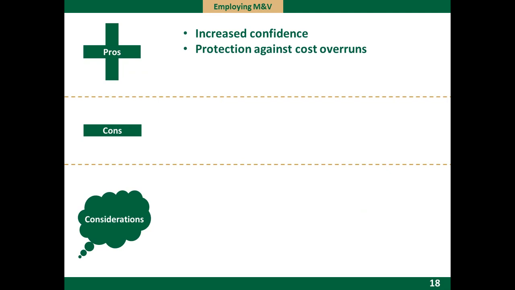So for example, if a project underperforms, but those issues go unnoticed, a project recipient under a GRF may actually find themselves obligated to repay more to the fund than they're saving on an annual basis. So conducting M&V allows you to peg repayments directly to the actual savings and avoid that pitfall.